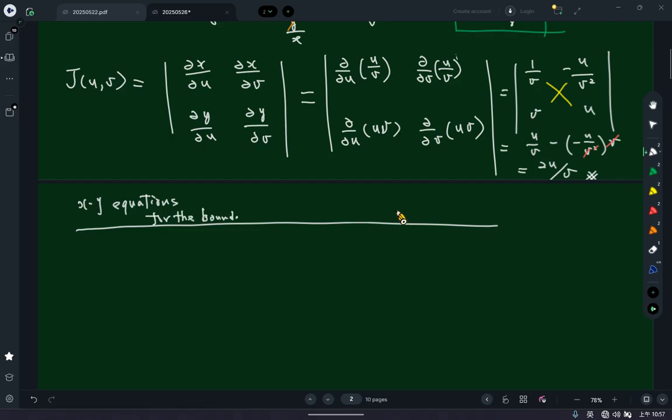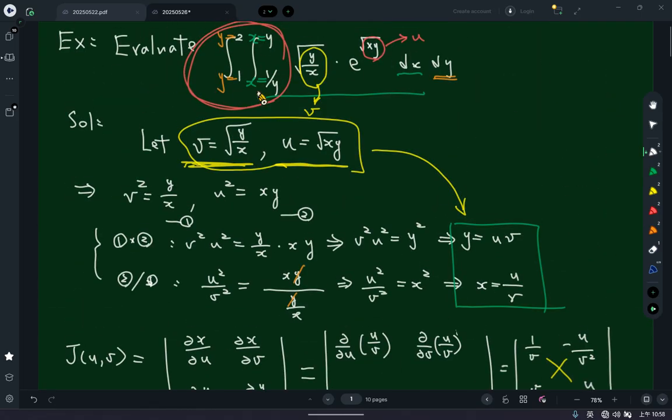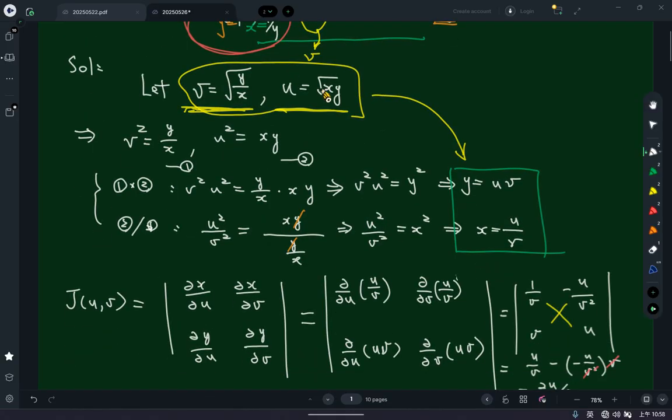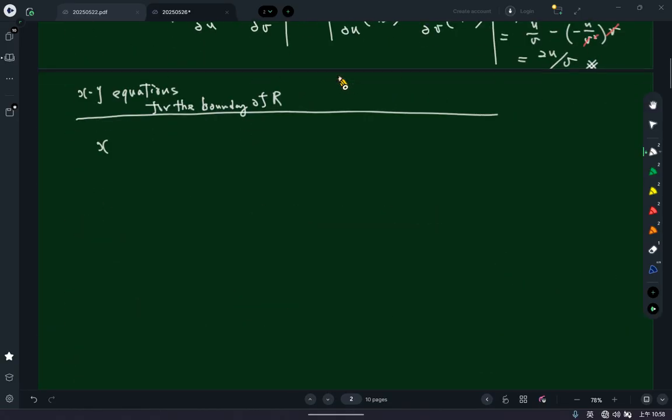boundary of R. So for the beginning, we have 4 boundaries. One is S equal to 1 over Y. Then second one is S equal to Y. Then Y is equal to 1. Then Y is equal to 2. Right?